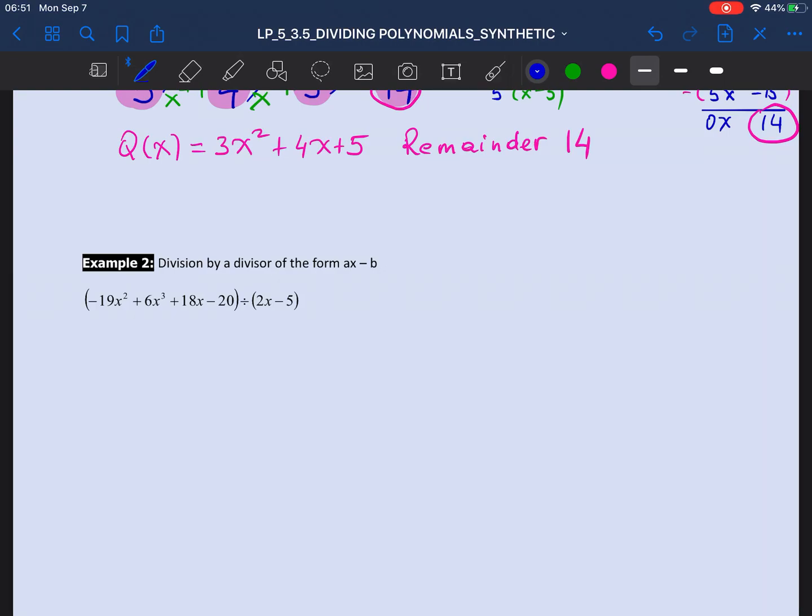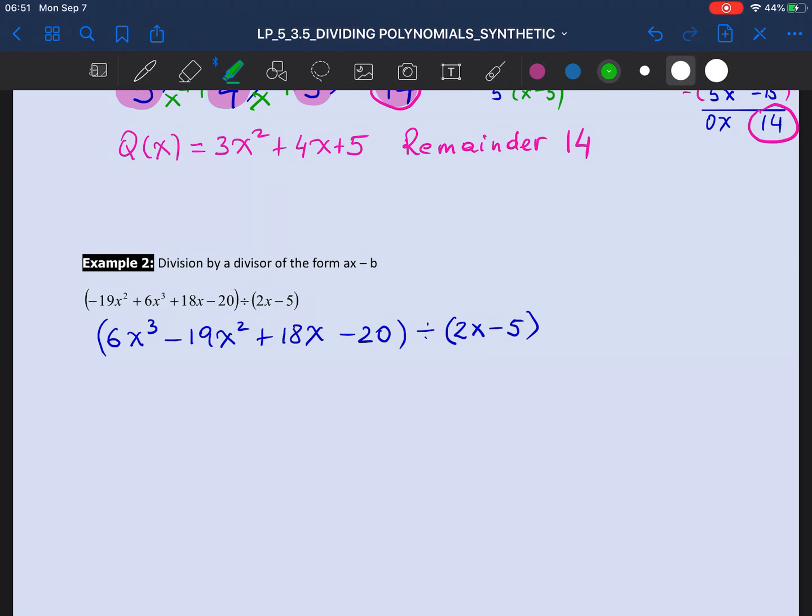So the first term must be the third degree term, which is the highest degree we see there, 6x cubed. Then the next term, negative 19x squared, and then we have plus 18x, and then minus 20. And that will be divided by 2x minus 5. Remember that the divisor must also have the terms listed from highest to lowest degree.